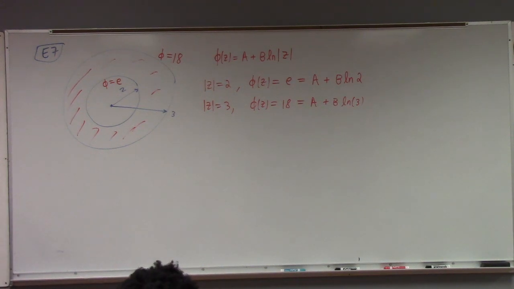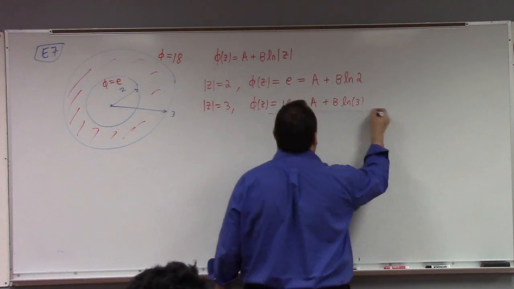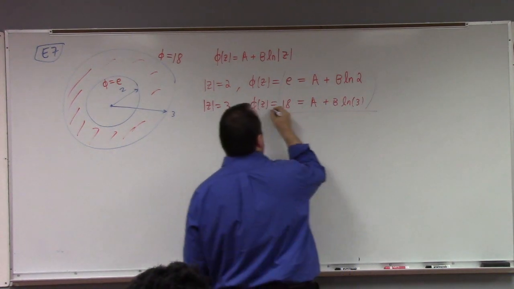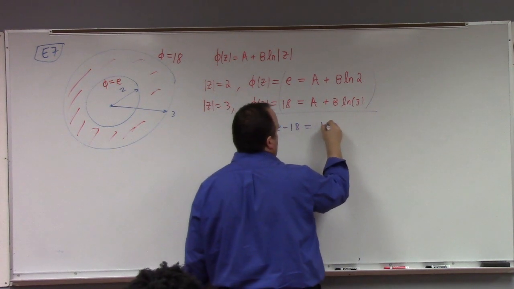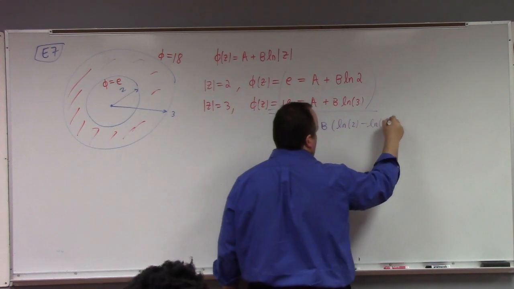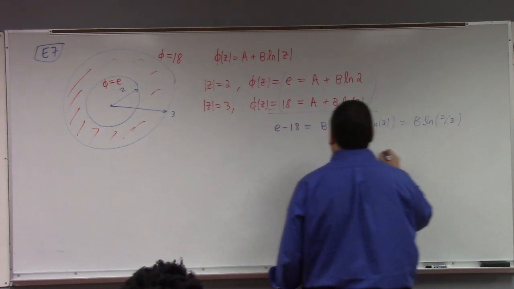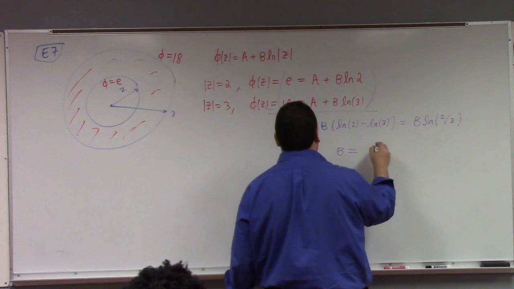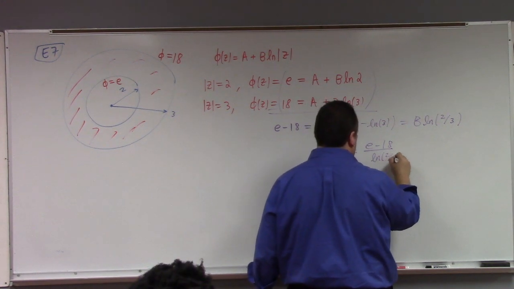You guys eat this for lunch, right? I will subtract these and I will get e minus 18 is equal to b times log 2 minus log 3, also known as b log of 2 over 3.